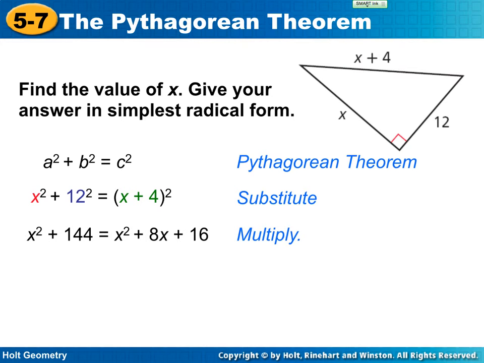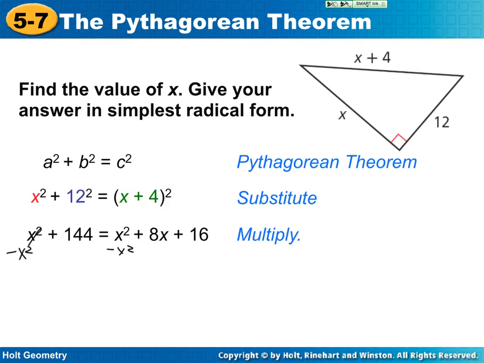Are you to the, like, x squared plus 144 equals x squared plus 8x plus 16? Okay, let's try and move some things around. What are you moving? The x squared, you want to subtract an x squared? If you subtract x squared from this side, and then from this side, notice that that drops out completely.